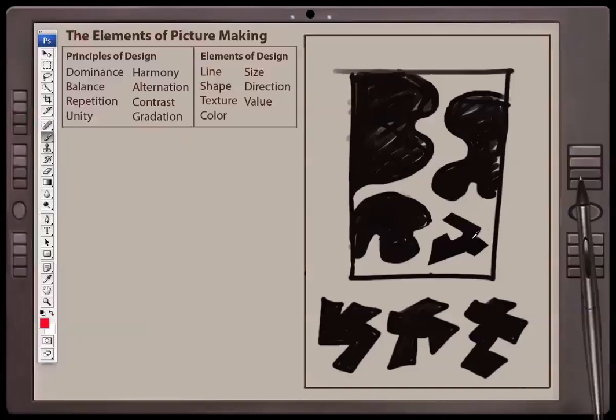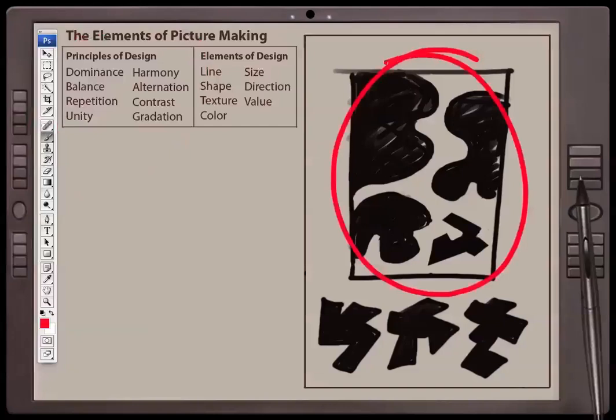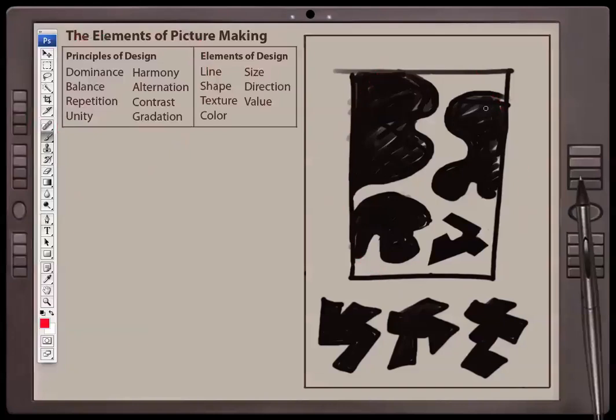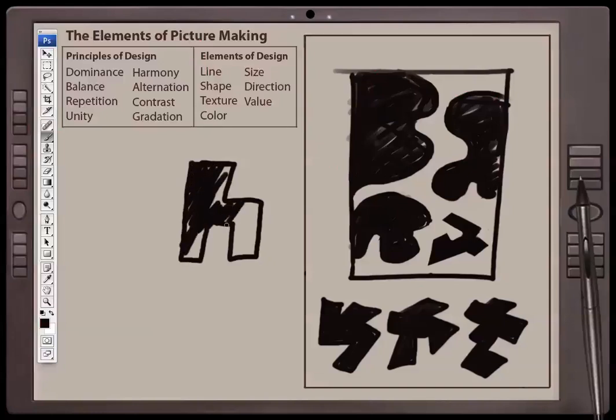If I, for example, didn't limit my shapes here to the curving shapes, but rather also introduced more of the angular shapes, as well as this kind of shape that you'll be learning about later on, the rectangular shape.